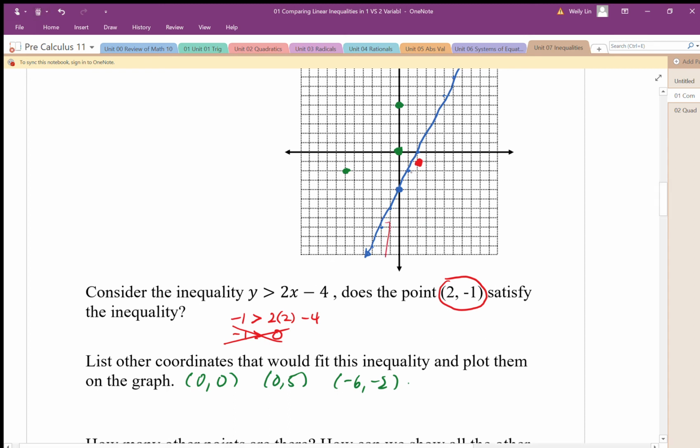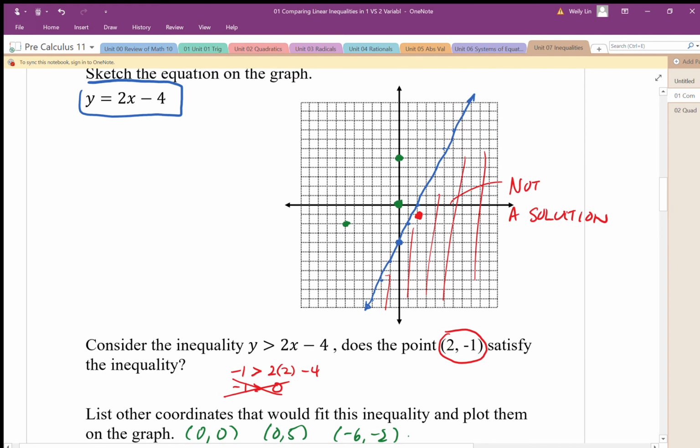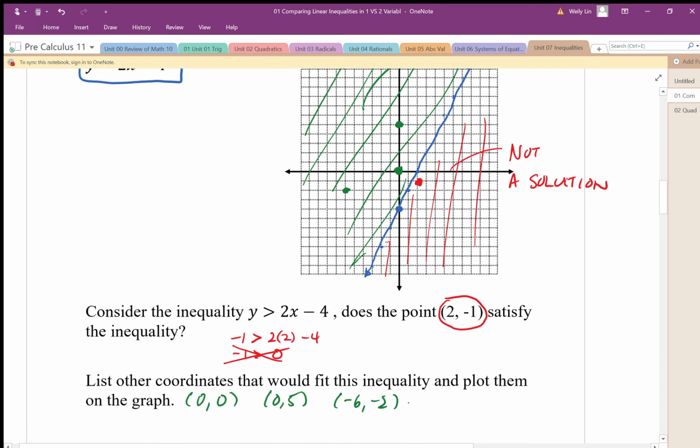Every coordinate on this side is not a solution, whereas every coordinate that I test on this side of the line is a solution. All those coordinates are solutions.